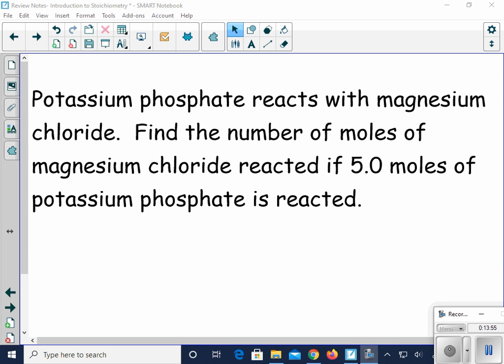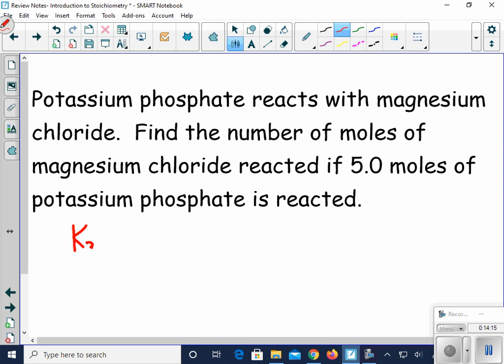Potassium phosphate reacts with magnesium chloride. Find the number of moles of magnesium chloride reacted if 5.0 moles of potassium phosphate is reacted. Once again, I need to start with a balanced chemical equation. So I need to predict my reaction. Potassium phosphate will react with magnesium chloride.